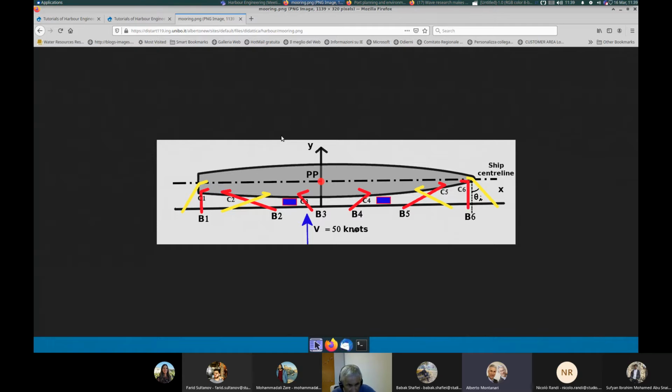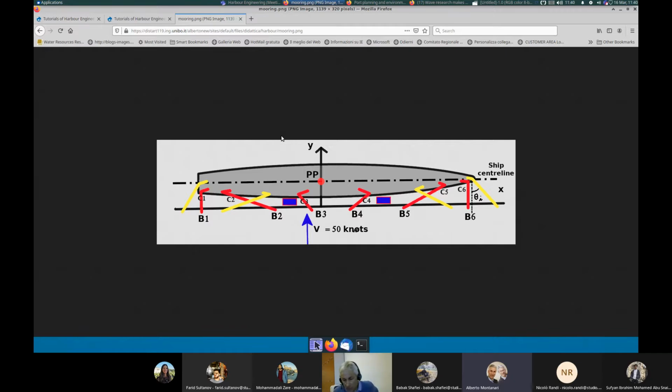Let's identify with the y-axis the transversal direction, and with the x-axis the ship center line or longitudinal direction. Now, the additional mooring lines are shown because usually with a ship of this kind of tonnage, you use more than 6 mooring lines.